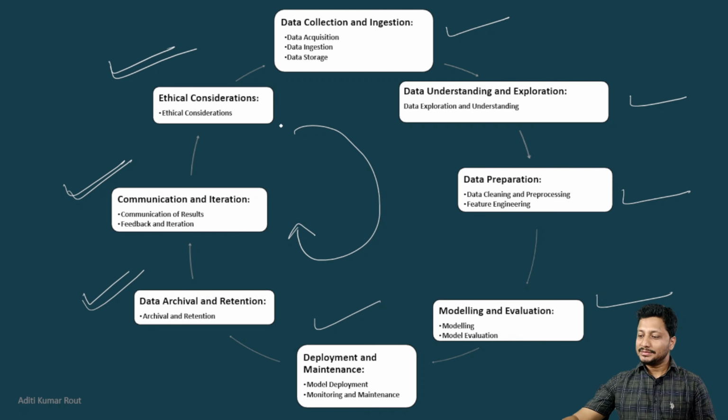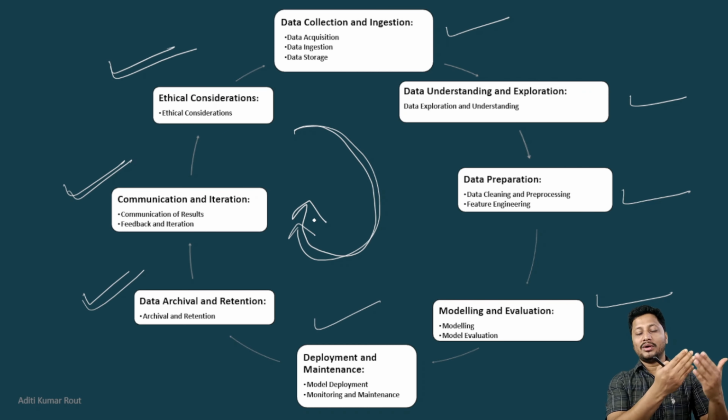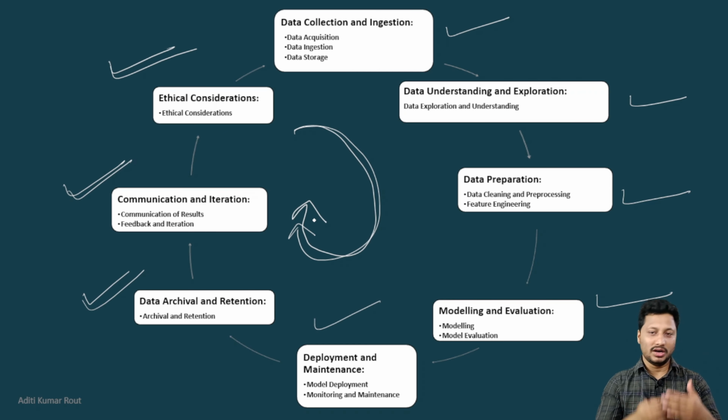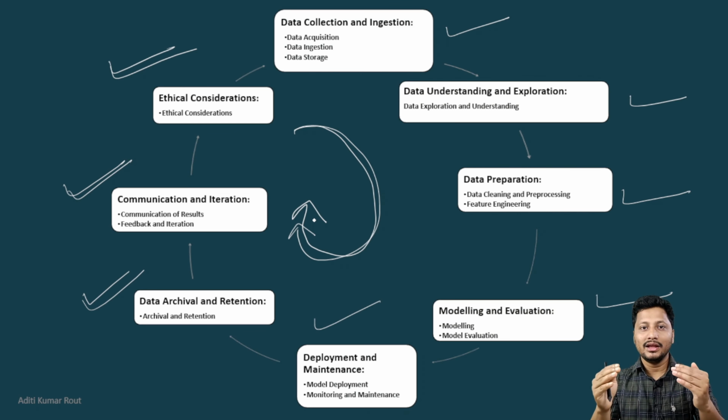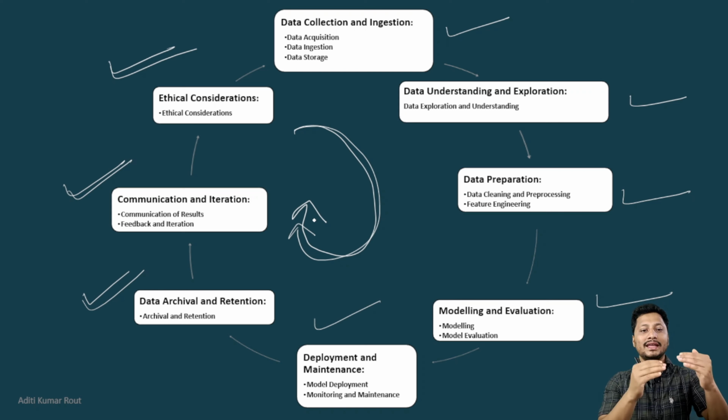So this is basically telling us the entire life cycle of the data within data science, starting from data collection to communicating the result to the business or stakeholders, and it is a repetitive process. Each and everything we will handle in an effective way, taking all the ethical rules into consideration.